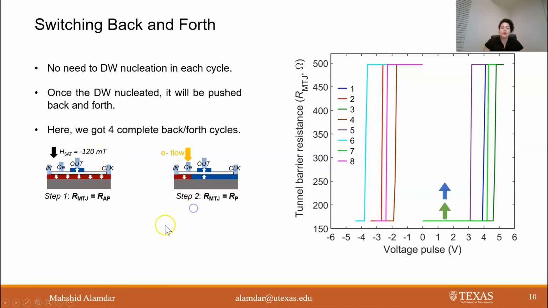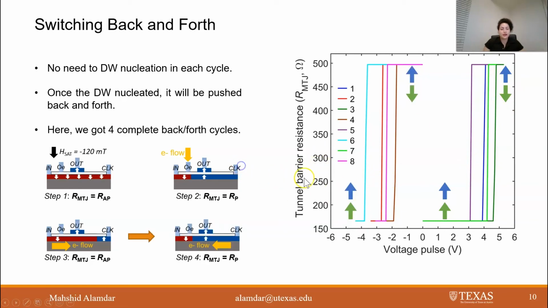After nucleation with the Ørsted field line, which causes the MTJ to switch to parallel, voltage is applied through the domain wall track to write the device, which switches the MTJ from parallel to antiparallel. Then another voltage with opposite direction is applied to reset the device, making the MTJ switch back from parallel to the antiparallel mode. This is repeated for 4 back and forth cycles, showing the domain wall MTJ can be repeatedly written and reset.